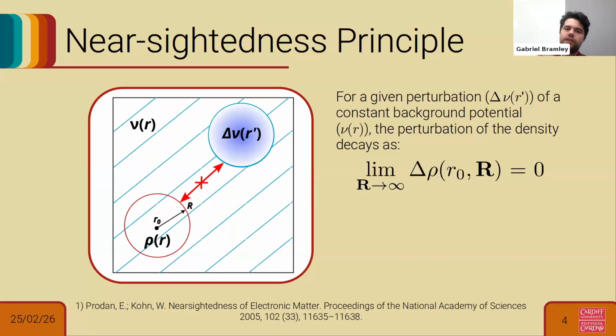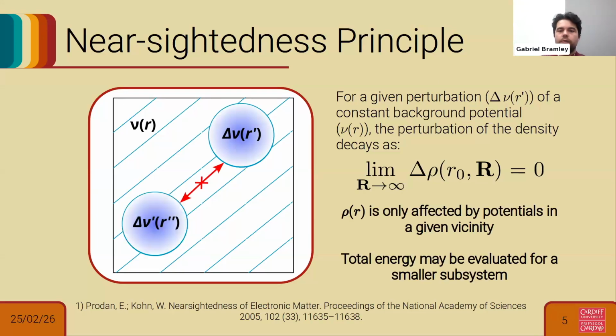And as the density is further and further away from the initial site of perturbation, the perturbation it will have on the density will approach zero. And this effectively goes down to the fact that the density will only be affected by potentials in a given vicinity. So this means that we can describe a certain part of our system with a different level of theory without describing a part of our system that we're particularly interested in.